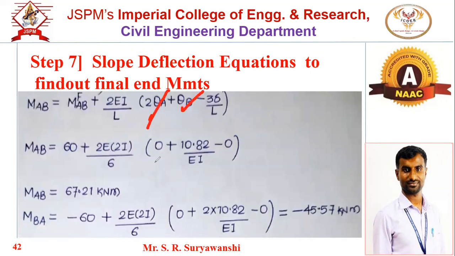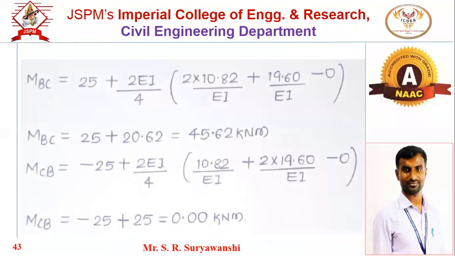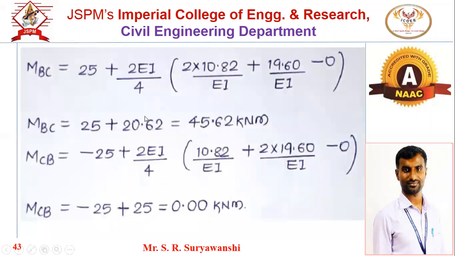So this is your homework. This part you have to perform yourself, because we have already discussed it in unit number 1. What is changed is that theta B and theta C are the unknown displacements we have calculated using the stiffness method. That is the logic.